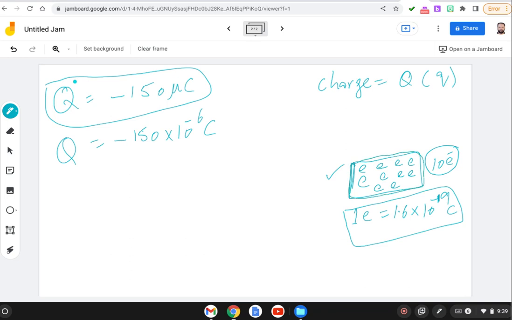How you will do? It's very simple. Total electrons are 10. Charge on one electron is 1.6 10 power minus 19. So what is total charge on the balloon?